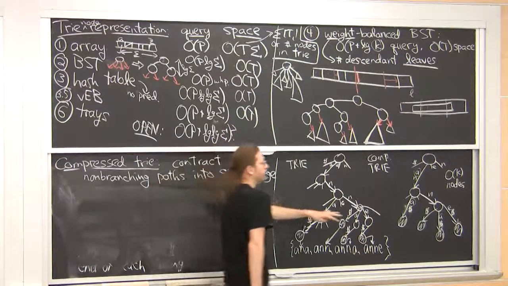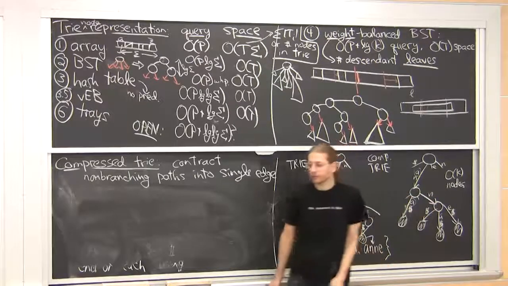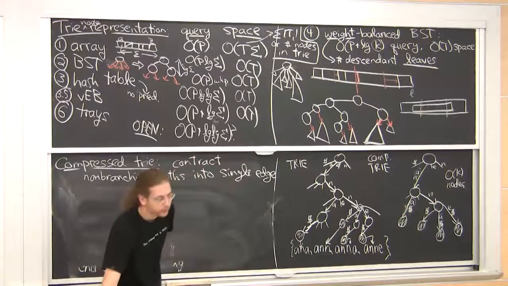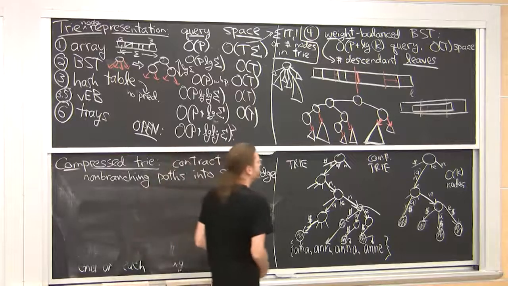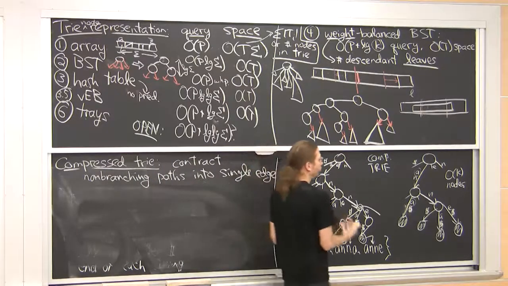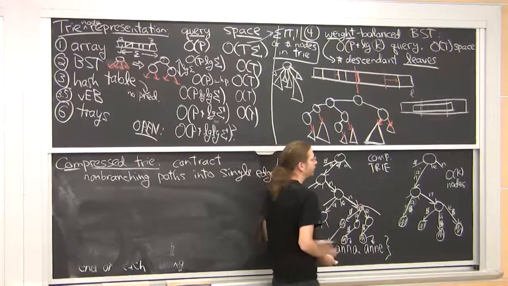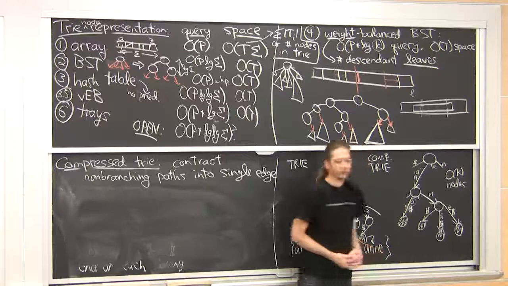Now order t will be the number of nodes in the compressed trie, which is actually order k. So life gets really good in this world. I did it in the trie setting because it's just simpler to think about, but really you would always store a compressed trie. There's no point in storing a trie. You can still do the same kinds of searches.